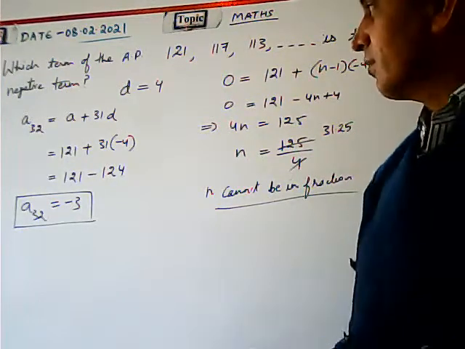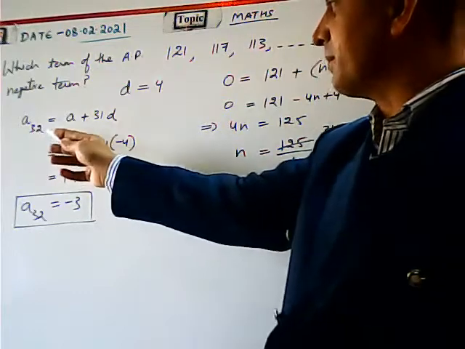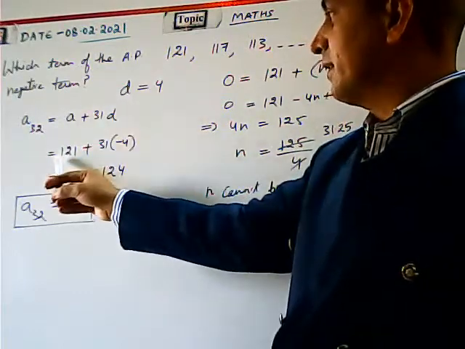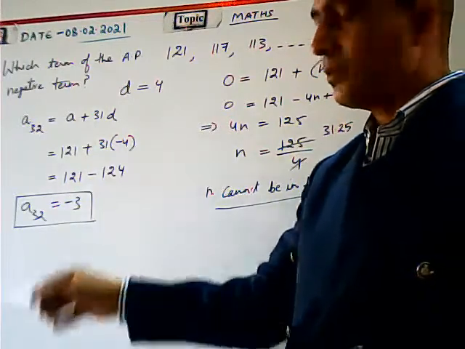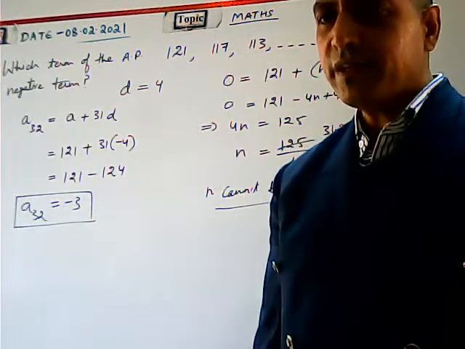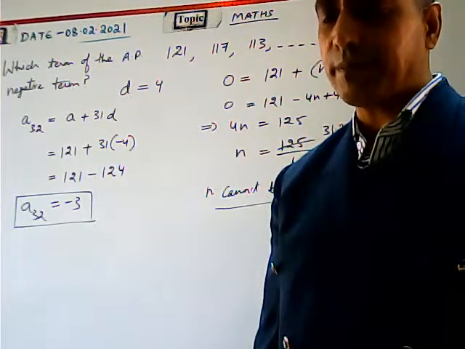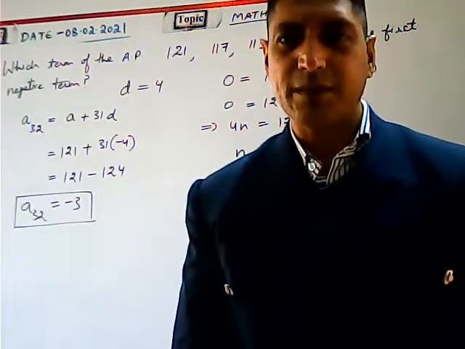So here we substitute the value, not the 31st term but the 32nd term, that is a plus 31d, that is 121 plus 31 into minus 4. So minus 3 is the first negative term of this AP.